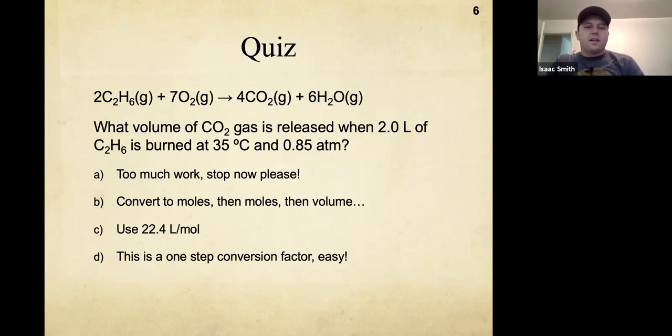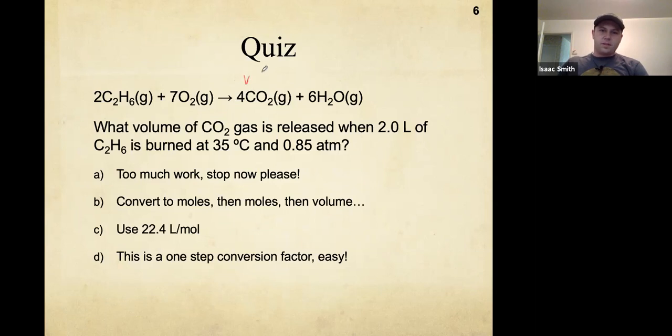Okay. Question says, what volume of CO2 gas is released when 2.0 liters of ethane is burned at 35 degrees Celsius and 0.85 atmospheres? Okay, so this is kind of just asking what the steps would be, right? So we're looking for volume of CO2.